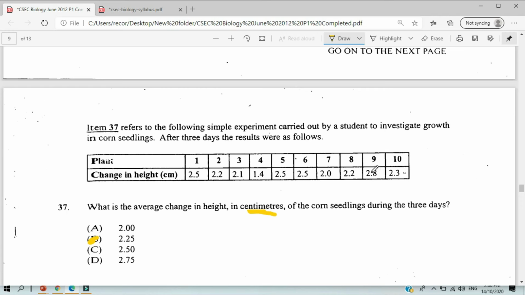So we need to add up all these heights here, and then divide by the number of samples. So 10 here: plant 1, plant 2, plant 3, plant 4, plant 5. So we just look at these growth values, divide by 10, and we would end up with the answer 2.25. That's B. Alright, so we had 10 plants there.